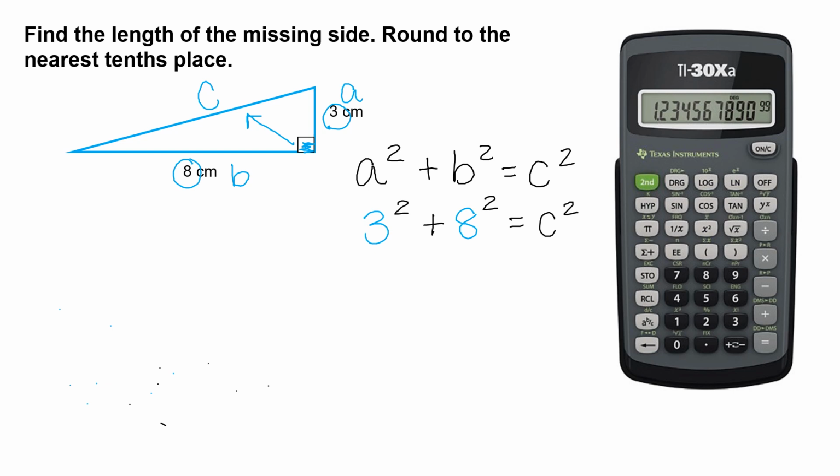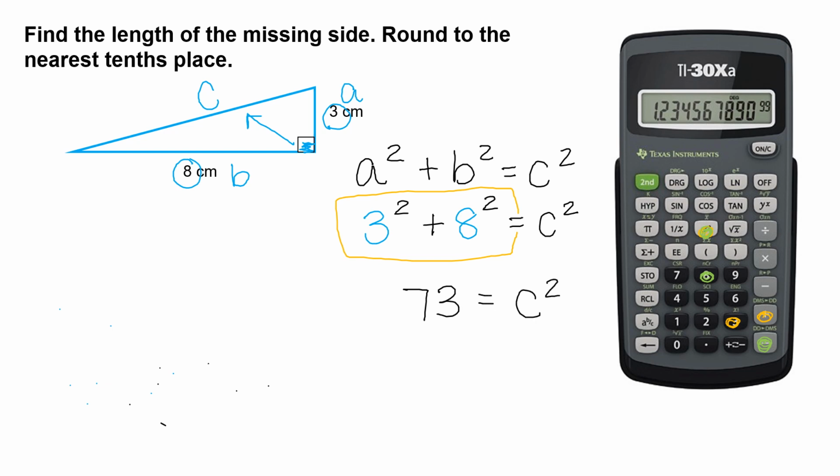So just like I previously said, you can type this entire expression into your calculator. 3 to the second power plus 8 to the second power equals. And you should get 73.